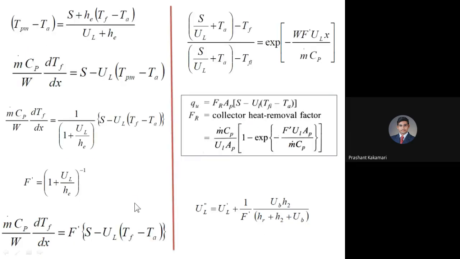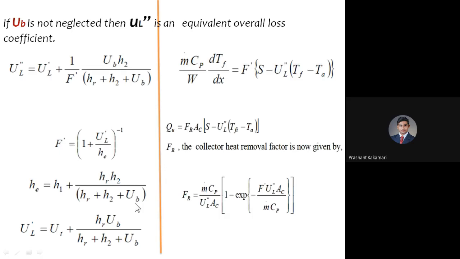But once you add that equation as UV, the bottom losses, because in the liquid flat bed collector we have considered bottom losses, side losses, and the top losses. But here, we have neglected the bottom losses.